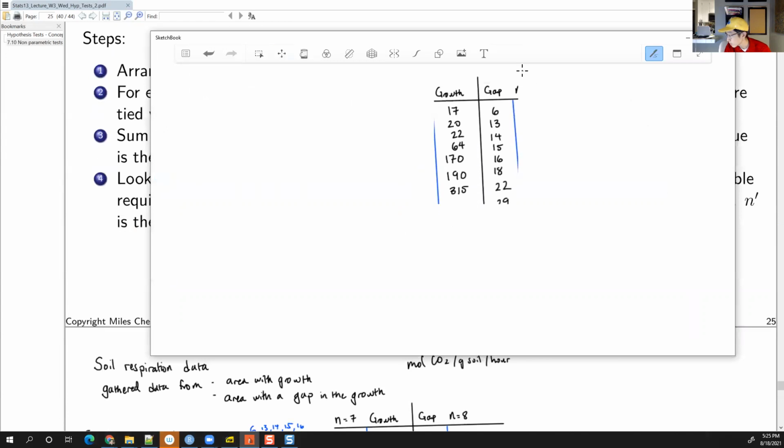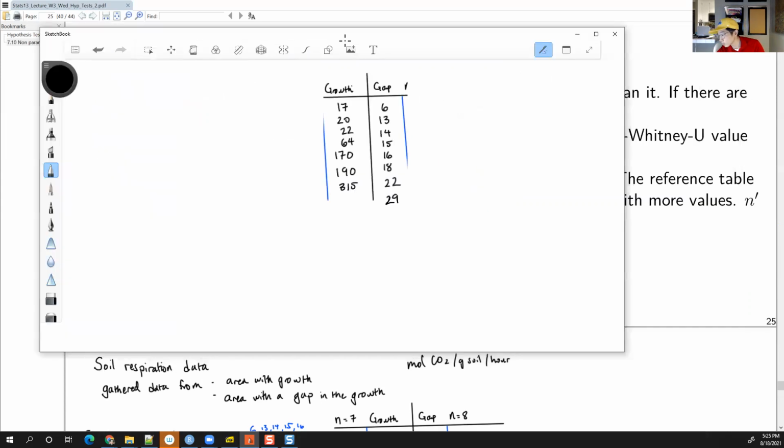Okay, so these are the numbers from our data, arranged from least to greatest. We're looking at soil respiration for the growth area and the gap area. For the growth area, the numbers are 17, 20, 22, 64, 170, 190, 315.